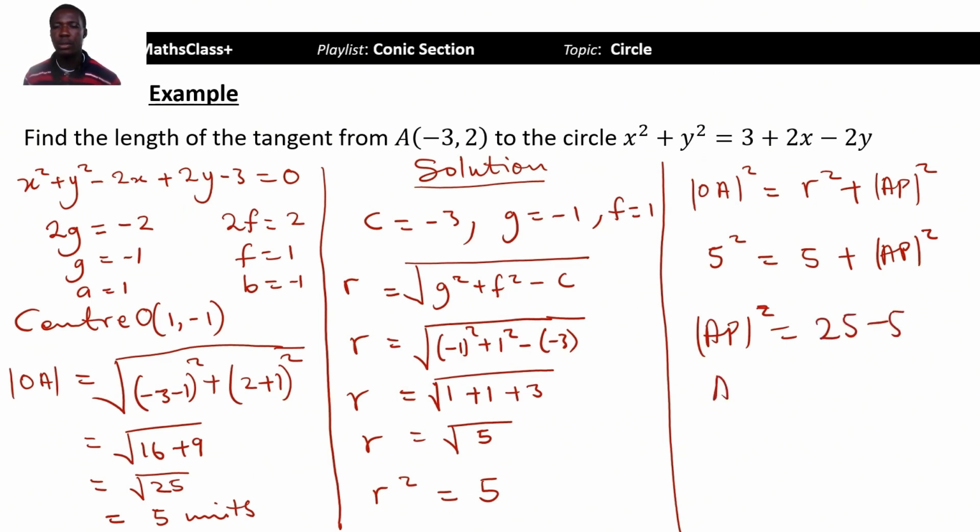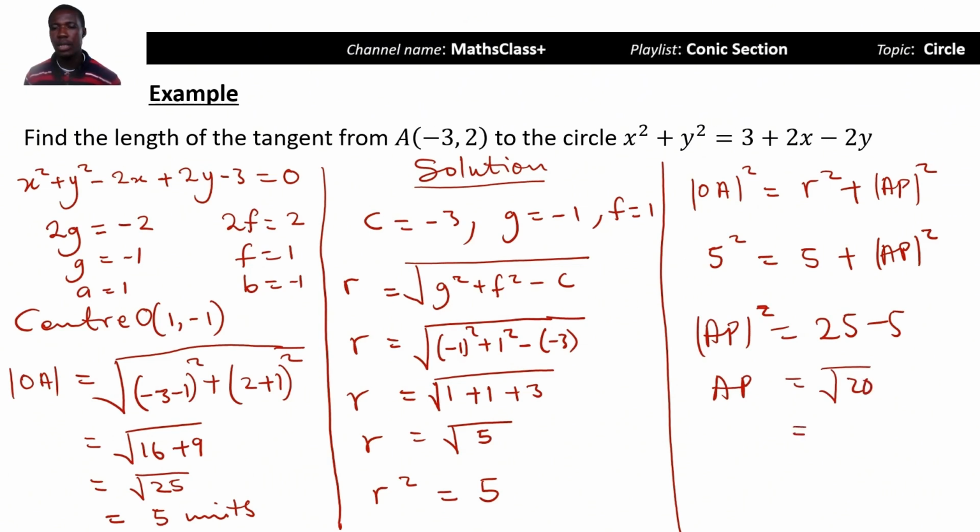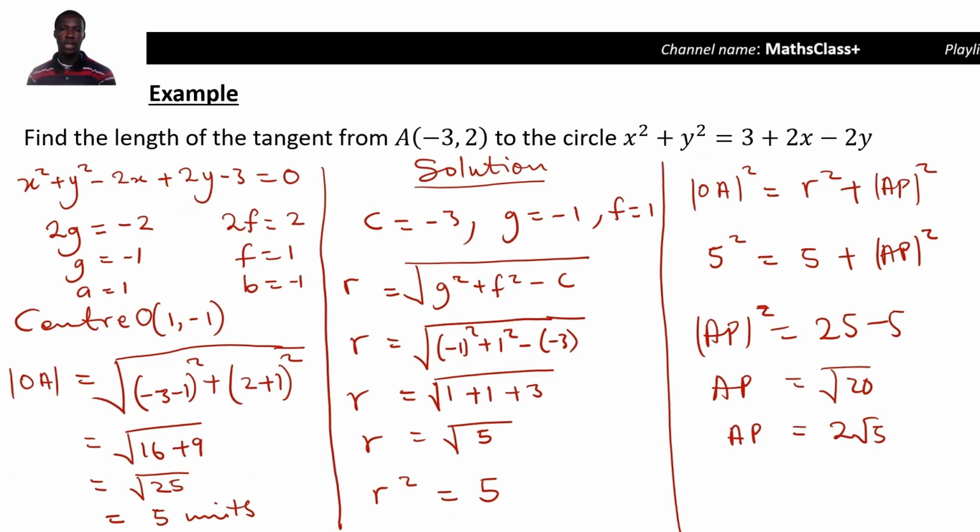Our AP will be equal to root of 20, which we can write as 2 root 5. So that is the length of the tangent from A to the circle given.